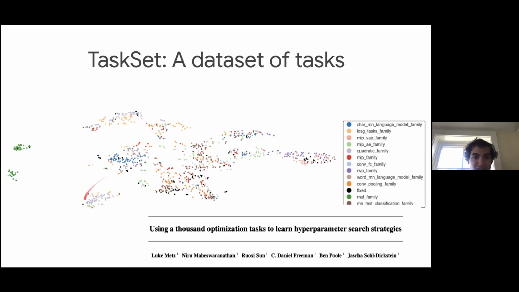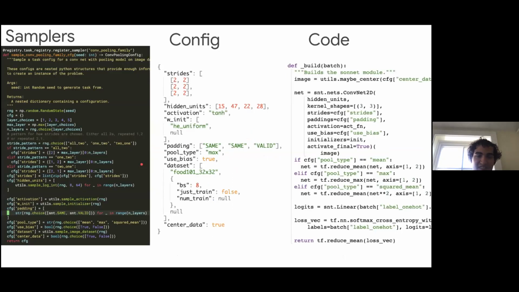So points that are similar to each other here mean that similar optimizers perform well on these types of tasks. And there's already some structure emerging. For example, these green models over here are kind of funky masked autoregressive flow models. These blue models here in this clump are all character RNN language models, and so on.